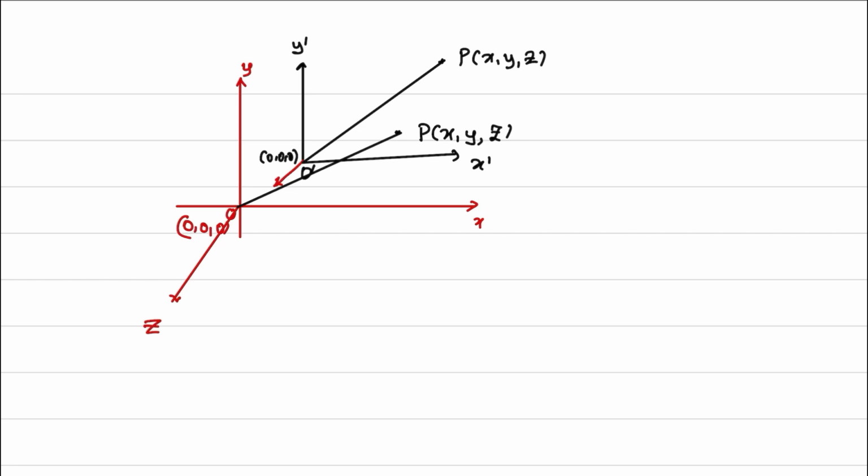When the origin shifts, or the coordinate system shifts from x, y, z axis to x dash, y dash, z dash axis, in a homogeneous space, the coordinate system change will not change the particle properties. Homogeneous system means homogeneous space.